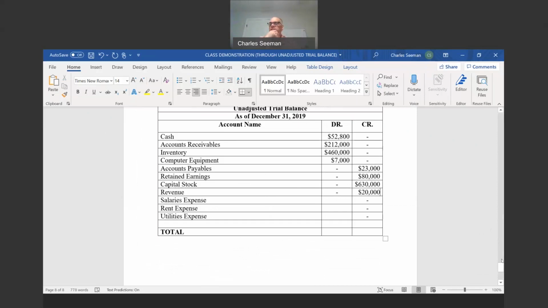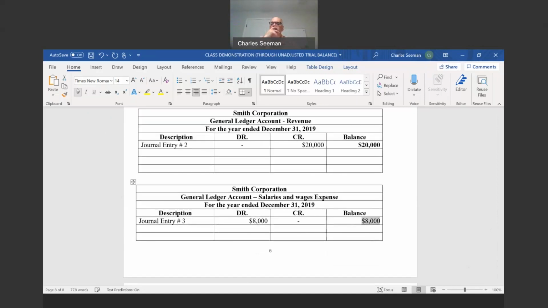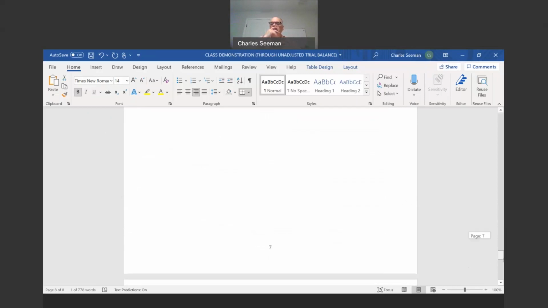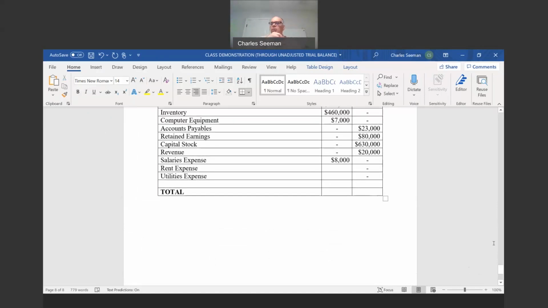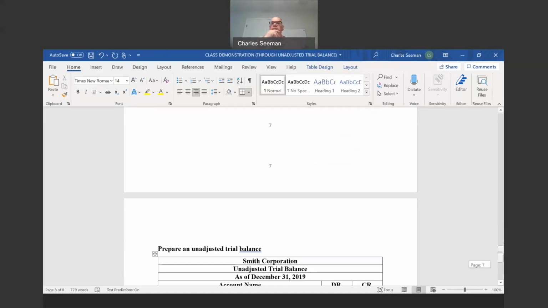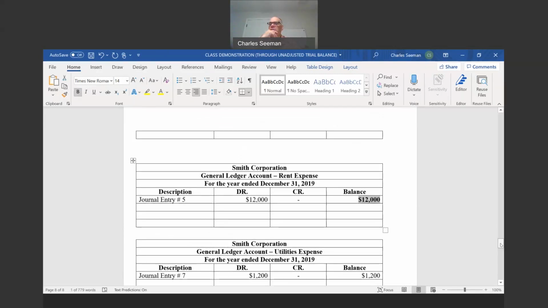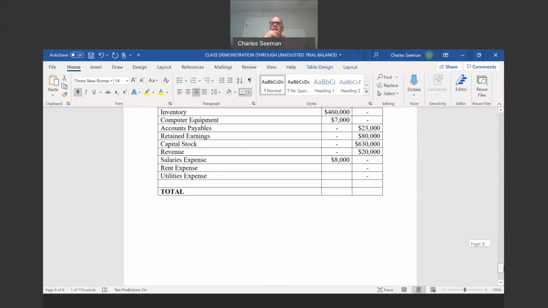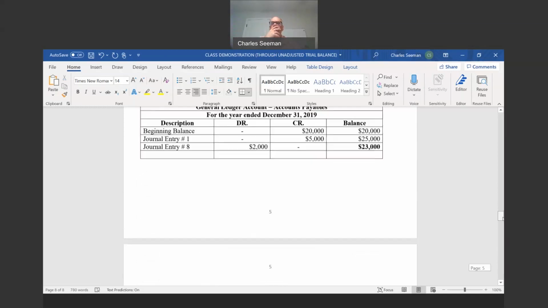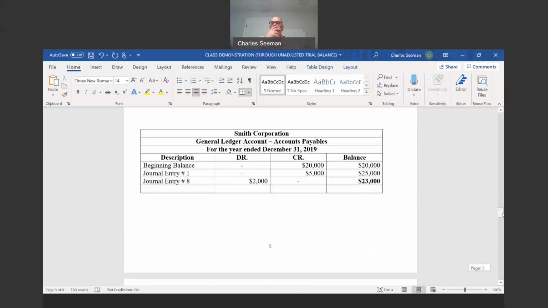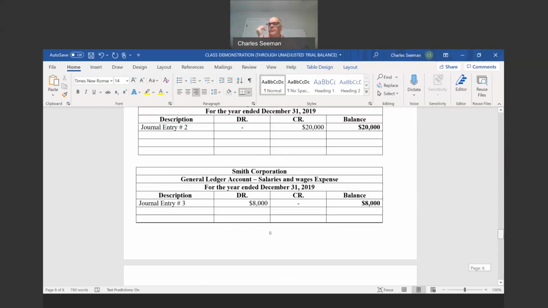Here's $1,000. Then expense has a balance of, and so this expense has a balance of 1,200.